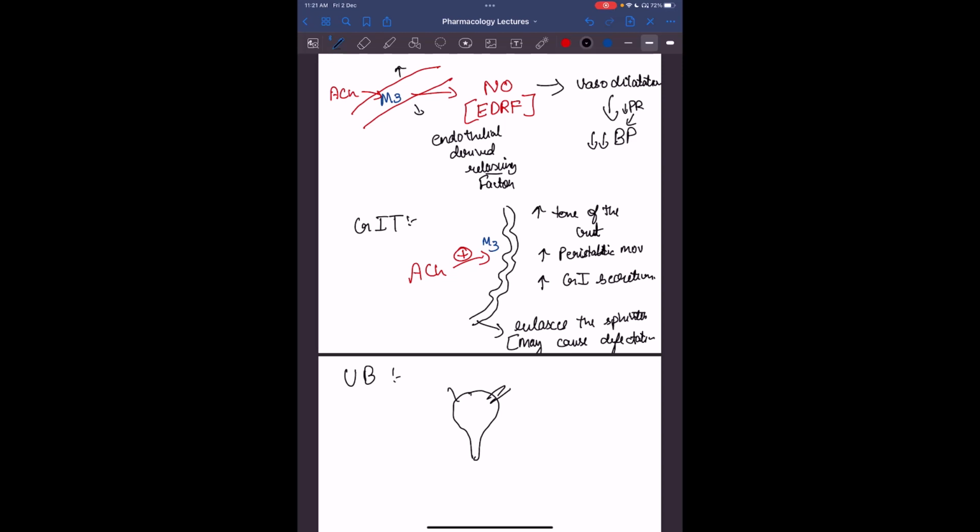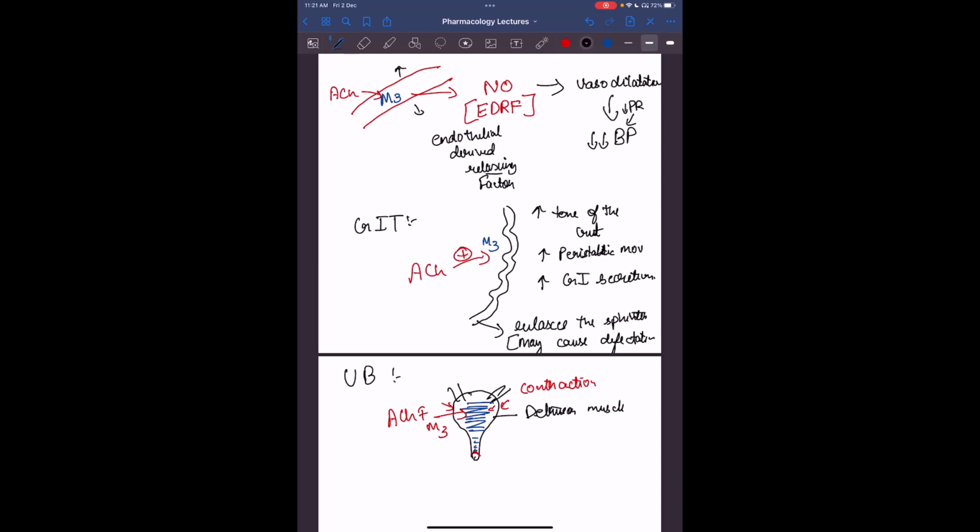We'll see this first. The bladder has a detrusor muscle. Whenever acetylcholine acts here, there is an M3 receptor, so it acts on the M3 receptor and causes contraction. Whenever it contracts, urine comes down, and over here we have a sphincter.